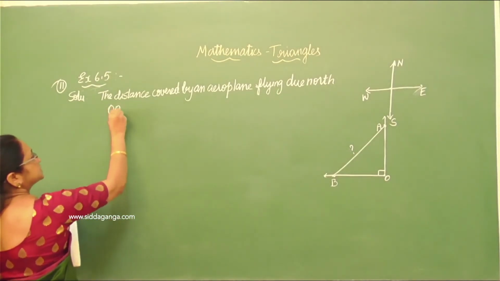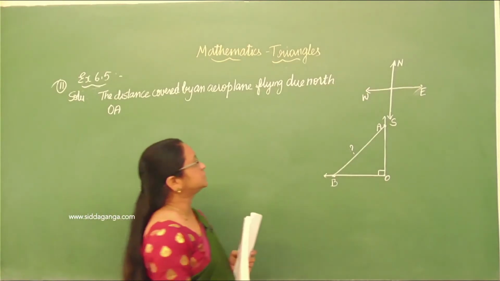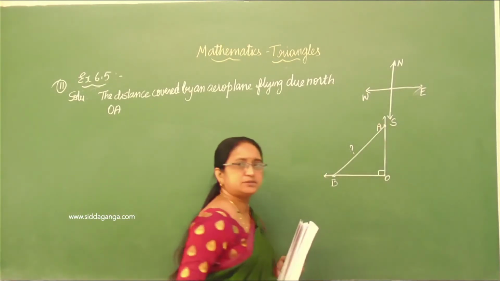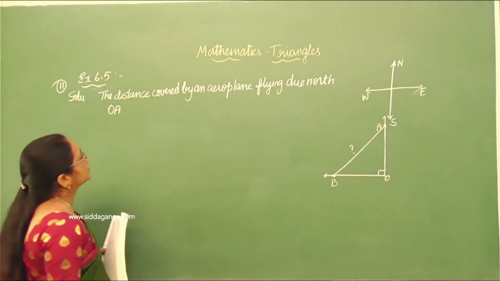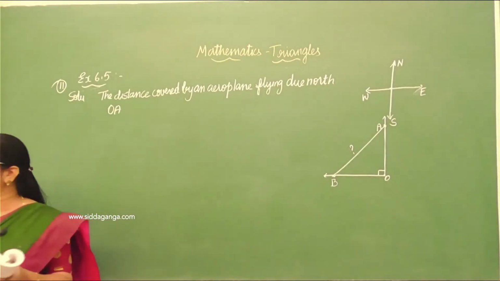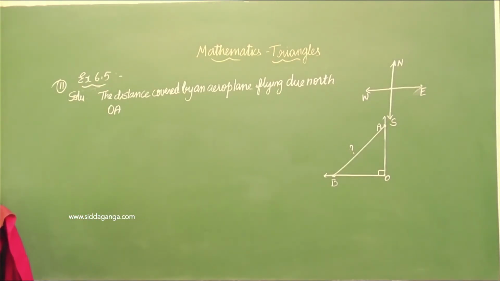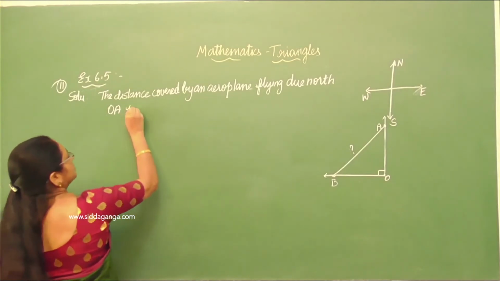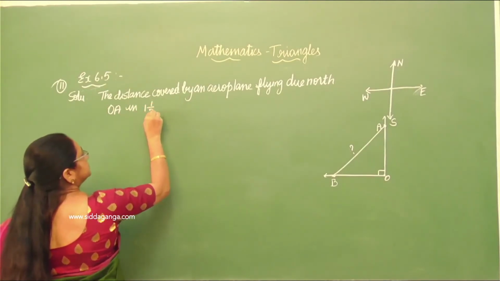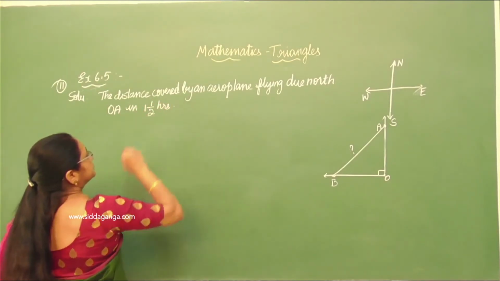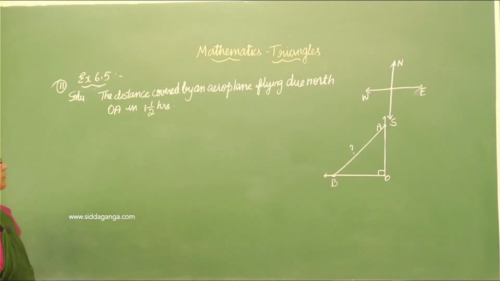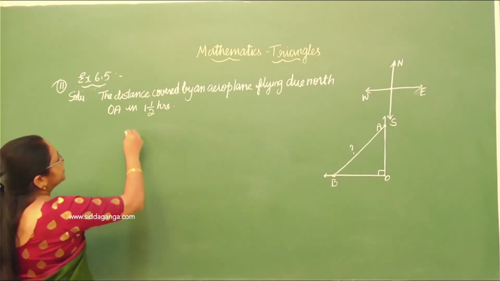The distance covered by an aeroplane flying due north is OA, correct? Understood? Okay, OA. Now we'll find out the distance in 1.5 hours, that is OA.